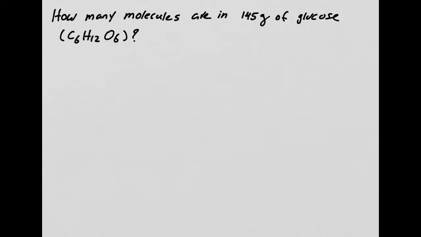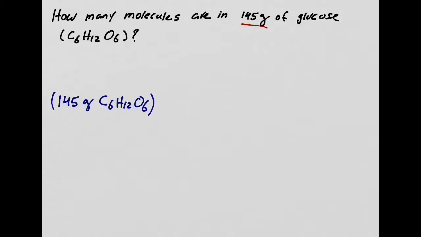So what I got here, I have 145 grams of glucose. I'm not even going to read the question. I'm just going to write down what's given to me, which is 145 grams of glucose, which is C6H12O6. Think about that the next time you use sugar.